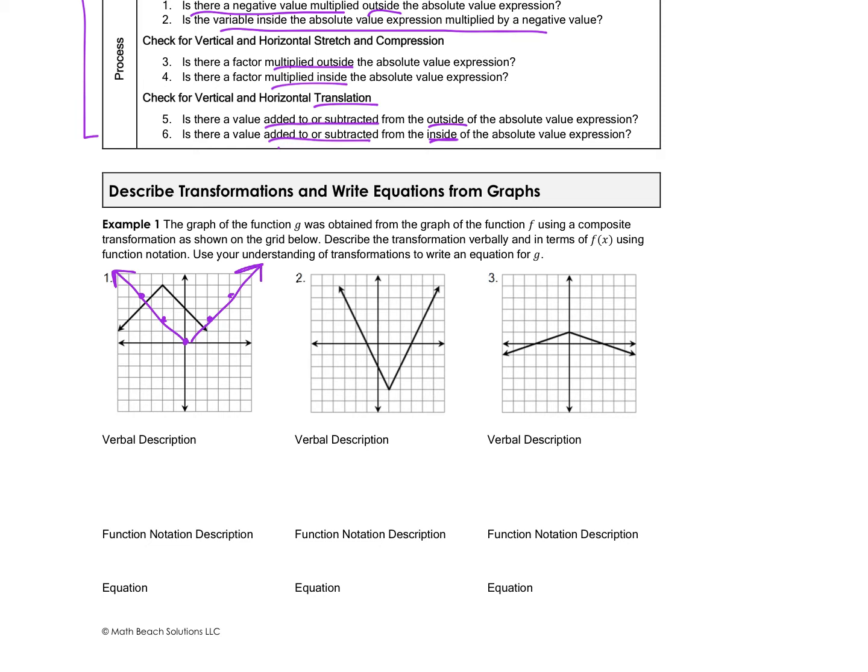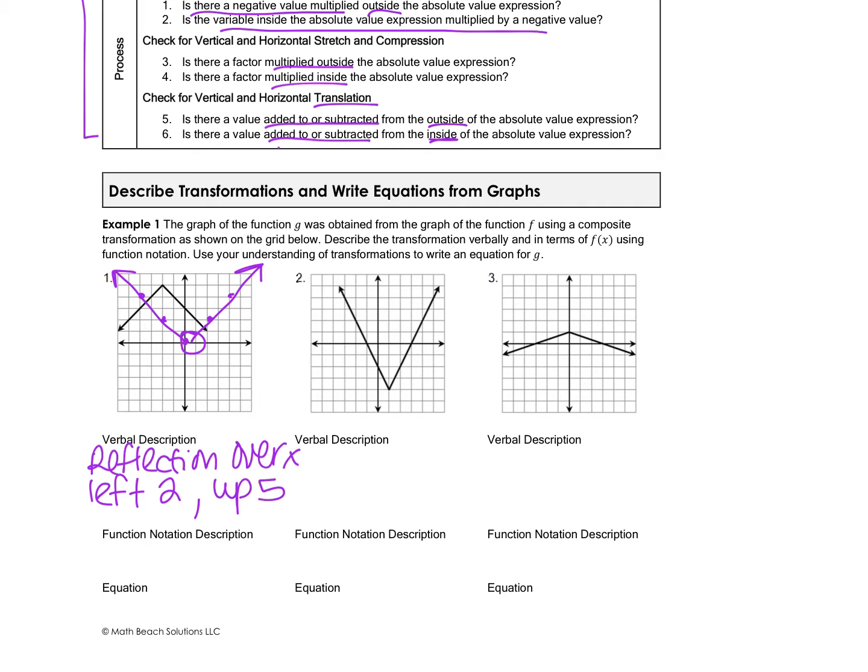So first we're going to figure out the verbal description. The first thing I notice is it's opening down, which would be a reflection over the x-axis. And then also notice that your 0, 0 point has been shifted left 2 and up 1, 2, 3, 4, 5.